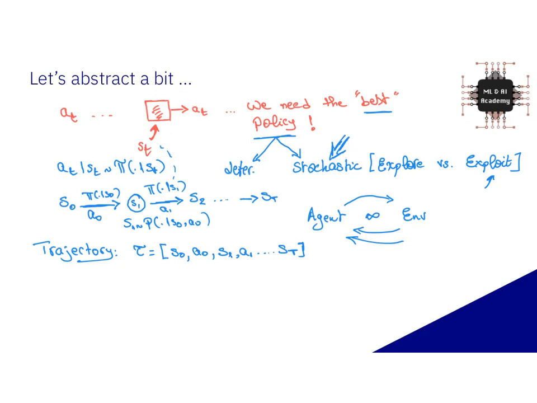We collect all these state-action pairs and put them inside a trajectory, which we call tau.